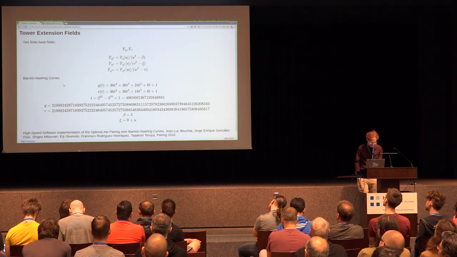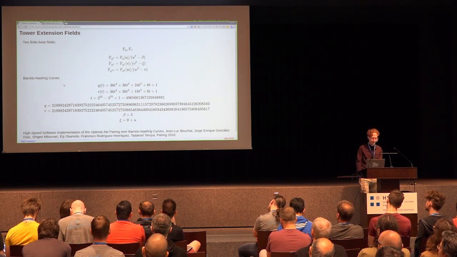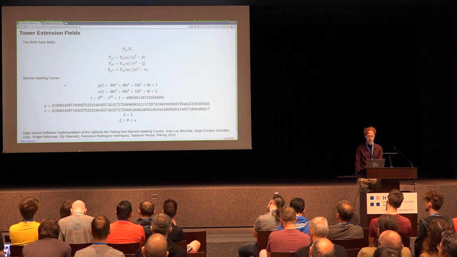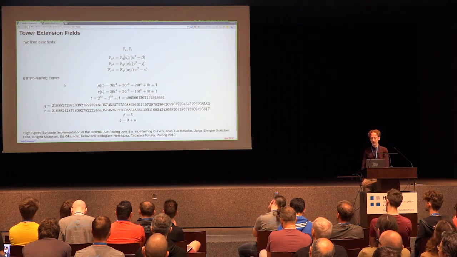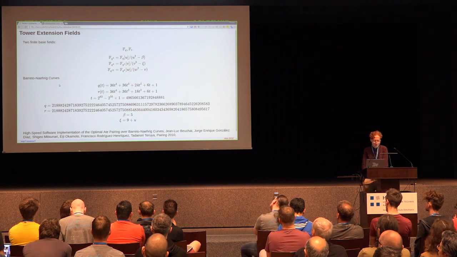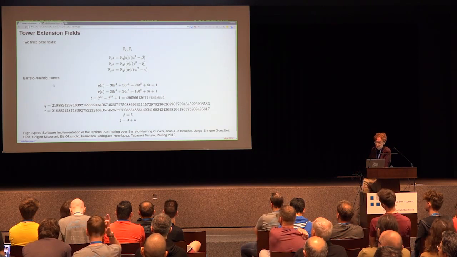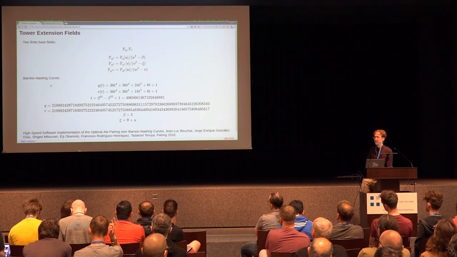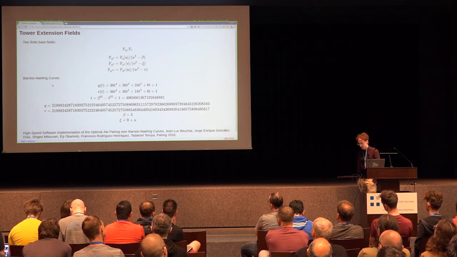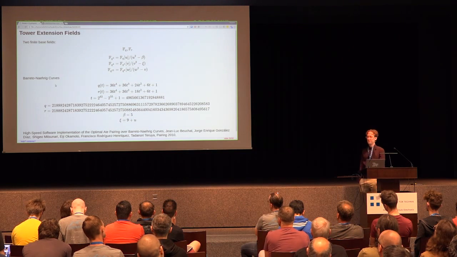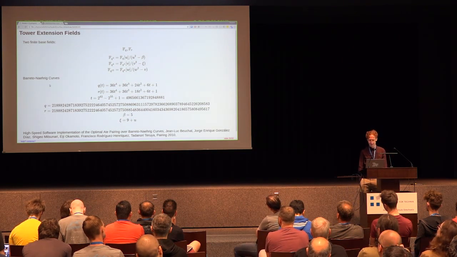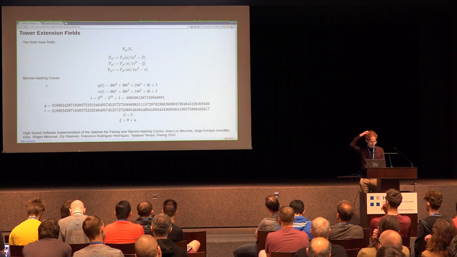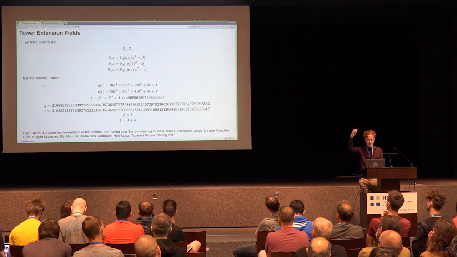To build on the kind of group structure that we were building on before, we're going to take the base fields, which are these finite fields modulo prime, and construct what are called quadratic extension fields out of them. You can think of the field as a set of elements with a single element on the right-hand side.